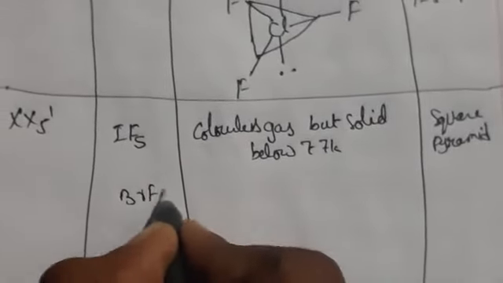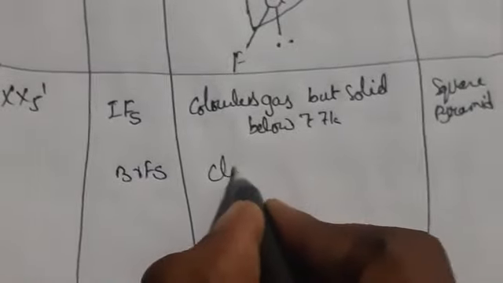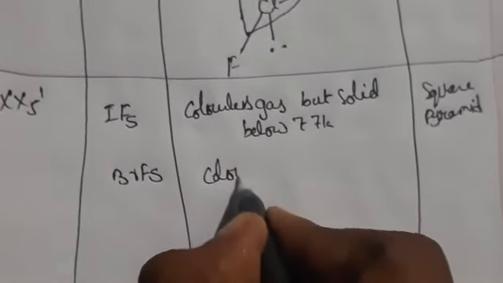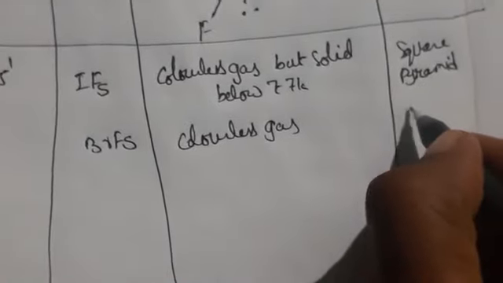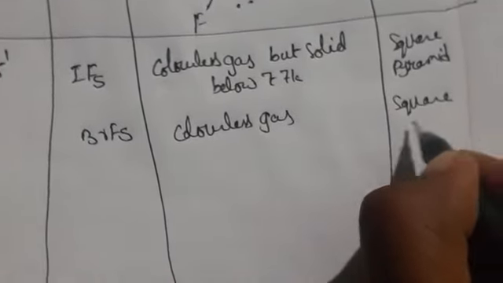The shape here is square pyramid. Also, if you take the example BrF5, it is also a colorless gas. It also has the shape square pyramid.